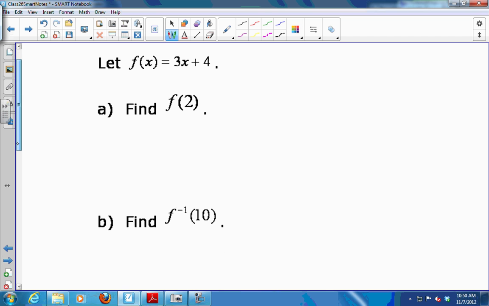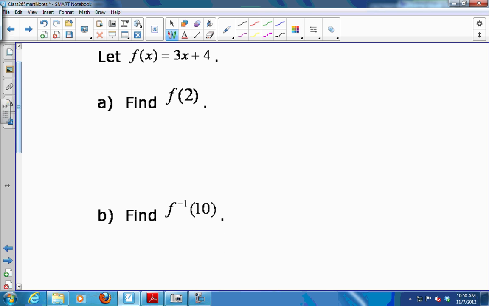All right, so let's take a look at a simple linear function, f of x equals 3x plus 4. What is f of 2? 10. That just means plug a 2 in for x, right? So f of 2 would be 3 times 2 plus 4, which is 10. All right, so what is f inverse of 10? 2.